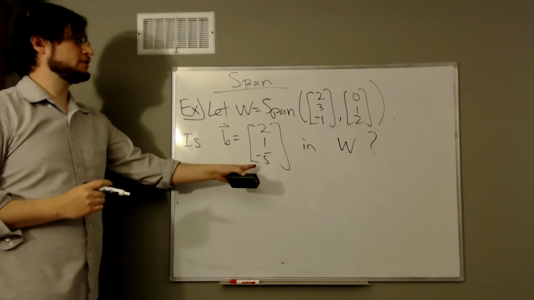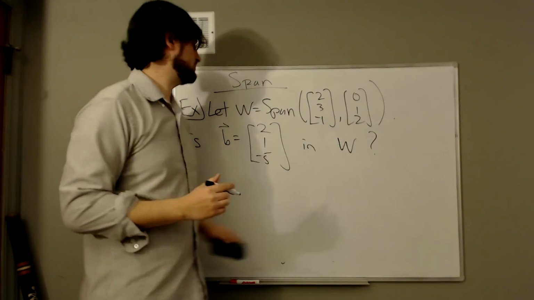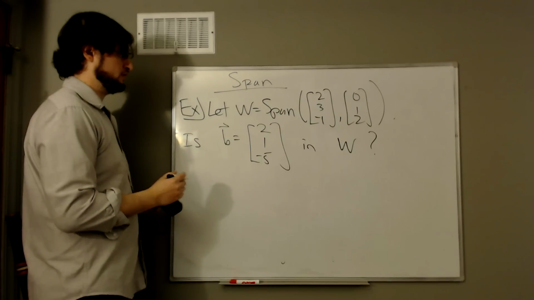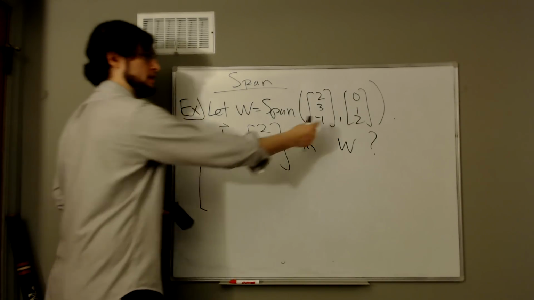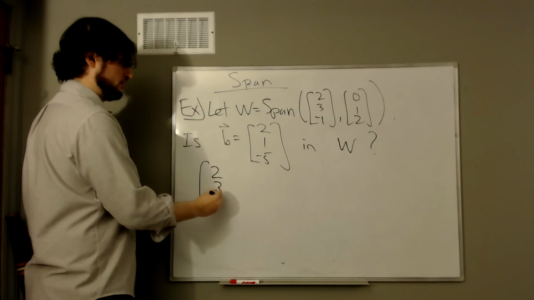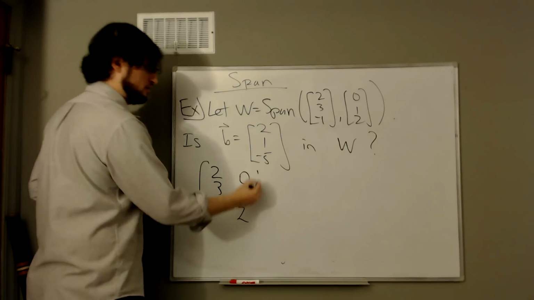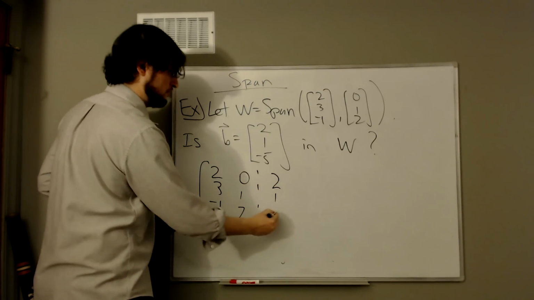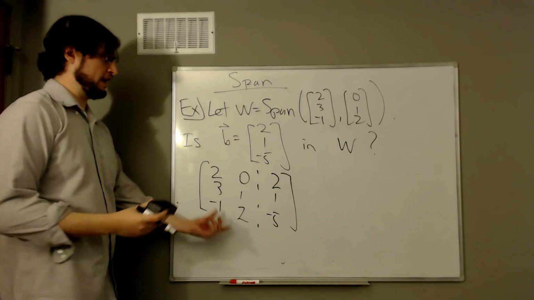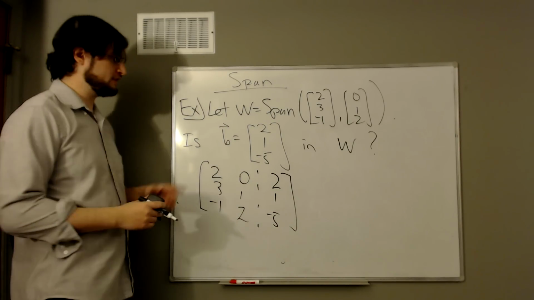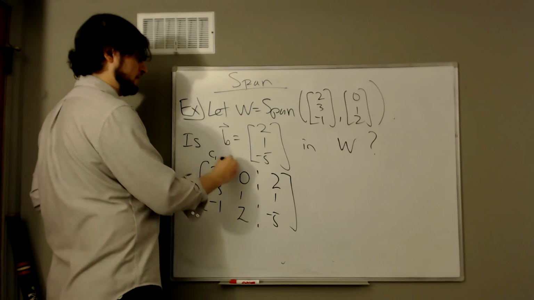So is this vector in the span of these two? So we do exactly the same thing. We start with these two vectors as columns of a matrix. We add 2, 1, the b vector, so this is like Ax equals b. We need to find the c1 and the c2, the scaling factors.